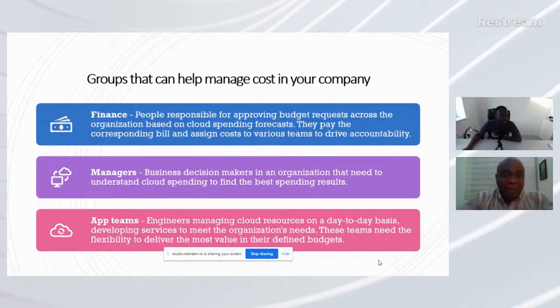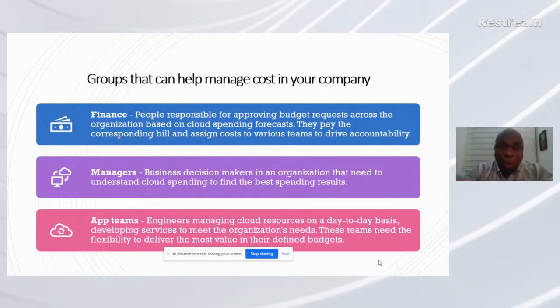When we talk about costs in an organization, there are a few people in the company that have been given the mandate to help make sure that everything is going well with regards to costs. From experience, the three most important ones, and the ones recommended by Azure, are the ones on the slide.